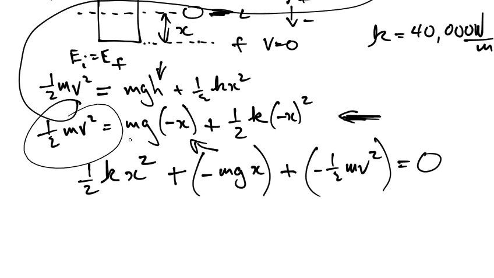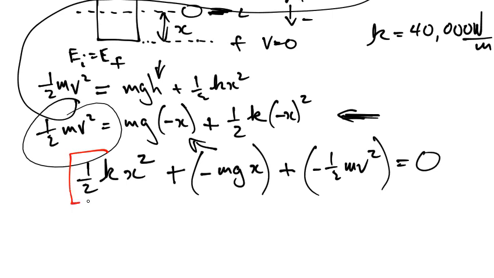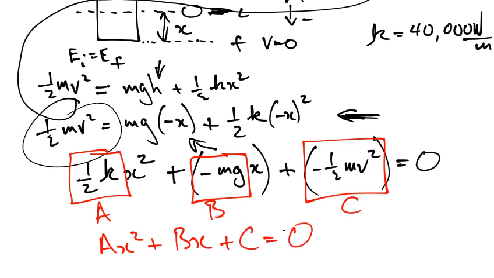Now, if you'll notice here, this is actually a quadratic, and if I change colors here, this is the a term. This is the b term, and this whole thing is the c term. So a, b, c, and the equation, of course, is of the form ax squared plus bx plus c equals 0.